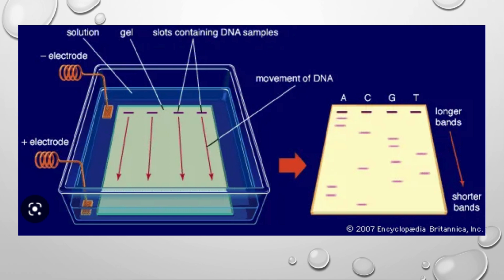The larger ones move slower and stay near the top, but the smaller DNA pieces move faster and farther, from here down here. After some time, the DNA forms bands or lines showing pieces of different sizes, like a DNA barcode.